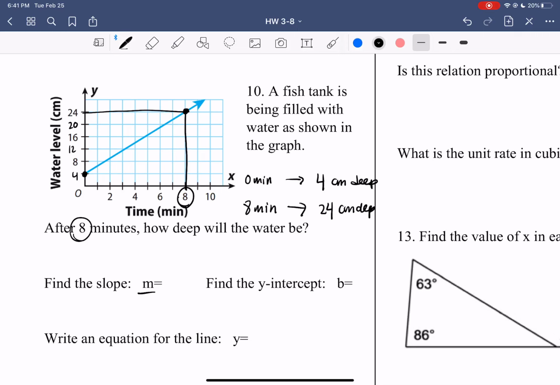And what does the y-intercept mean in the context of this problem? So this would be the starting depth of the fish tank. Okay.